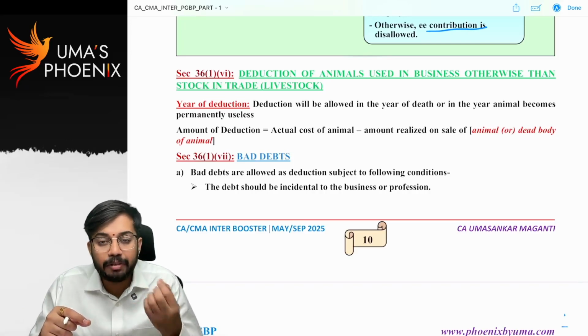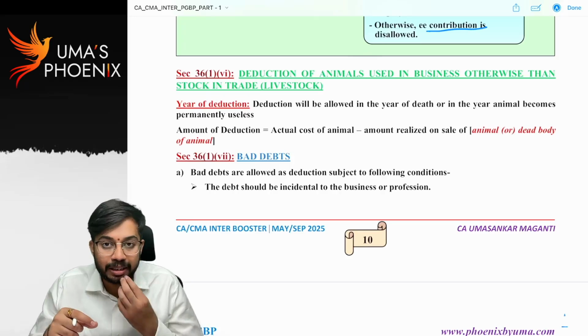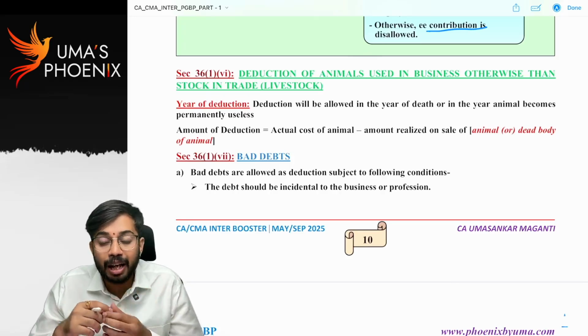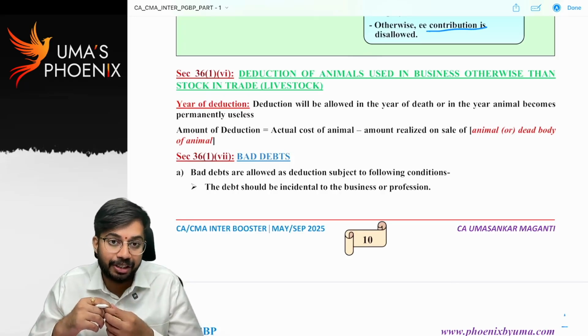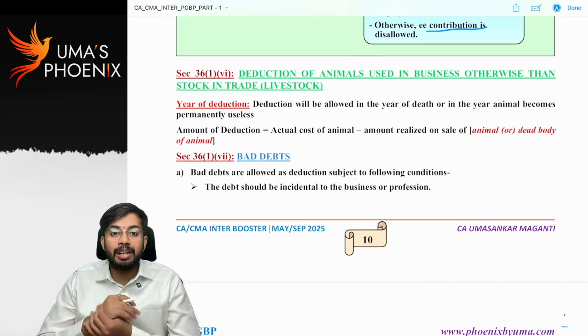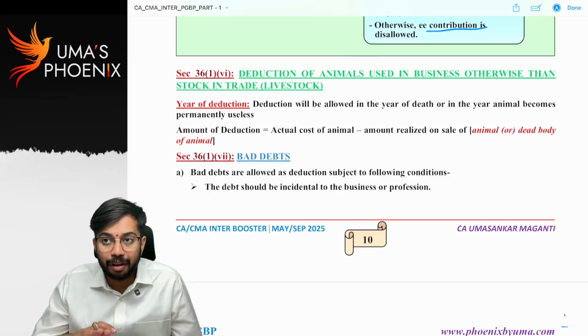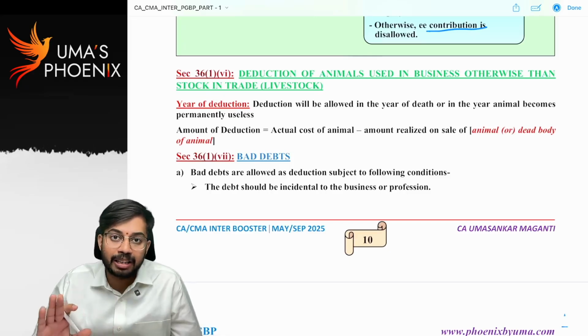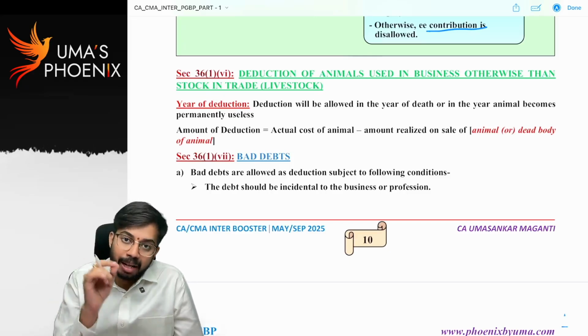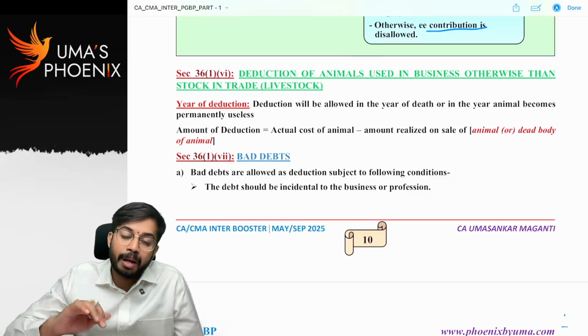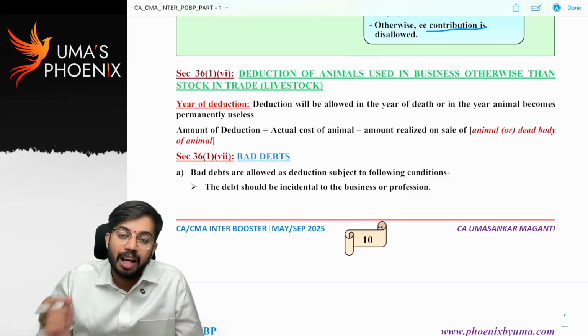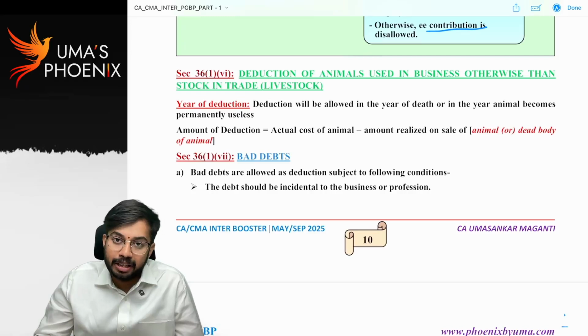Let's say it has spent 20 lakh rupees to purchase 2 horses. How to recognize that 20 lakh rupees expenditure? That is the question. Whenever an animal is used in a business otherwise than stock in trade, first of all, the expenditure is not recognized initially. Whenever the animal dies or becomes permanently useless, only then will we recognize the expenditure.